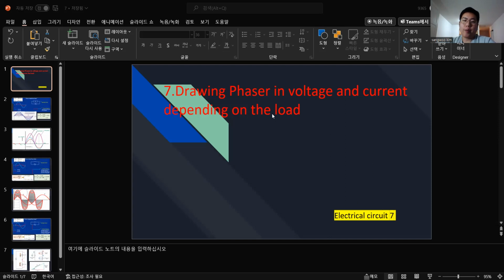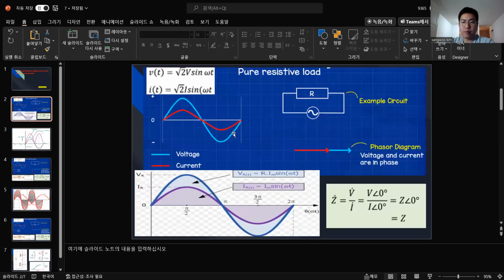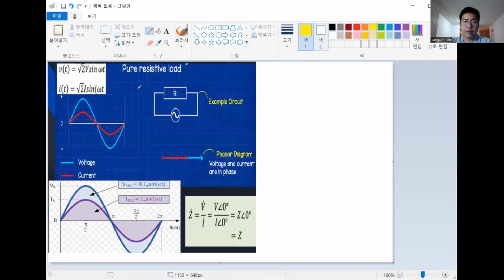So today we will learn about drawing the phasor: how we draw voltage and current depending on the RLC load. Okay, let's move on. First of all, we focus on the pure resistor.